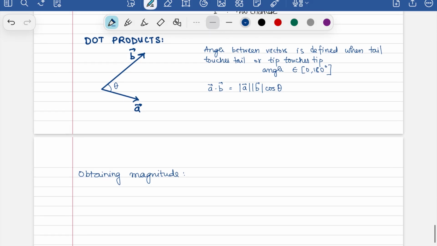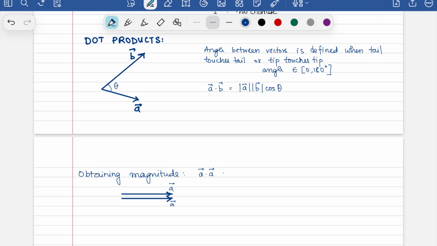For example, what happens if you do a vector dot a vector? It's like you have two identical vectors. They have no angle between them, and so the angle is essentially 0.